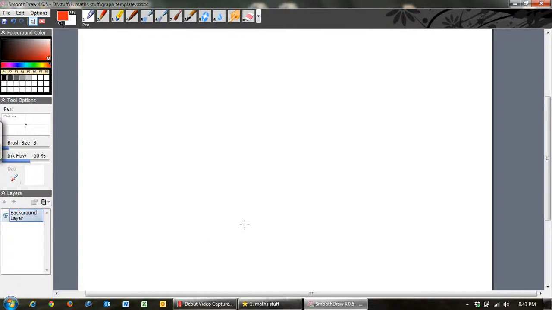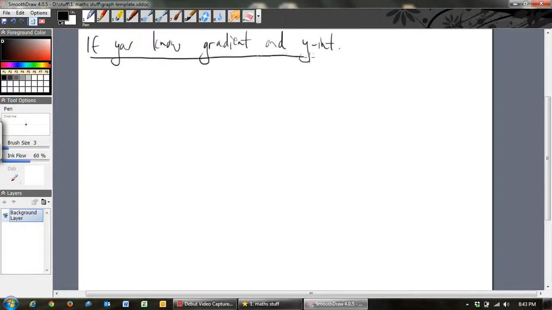Okay, let's just go straight into an example, because this is the best way. Firstly, we're going to look at, if you know the gradient and y-intercept. That's what this section is called. If you know the gradient and the y-intercept, cool.